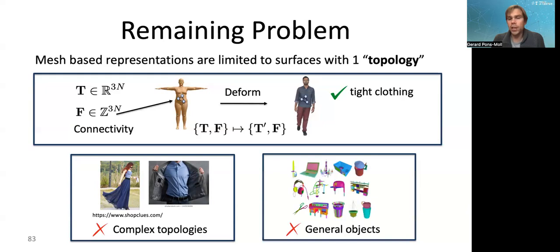And if we want to model general objects, like laptops or tables and so on, with a single vertex-based model, it's not going to be possible because you cannot obtain every possible object in the world by just applying vertex displacements to a main shape. So these are the main limitations of these vertex displacement models.